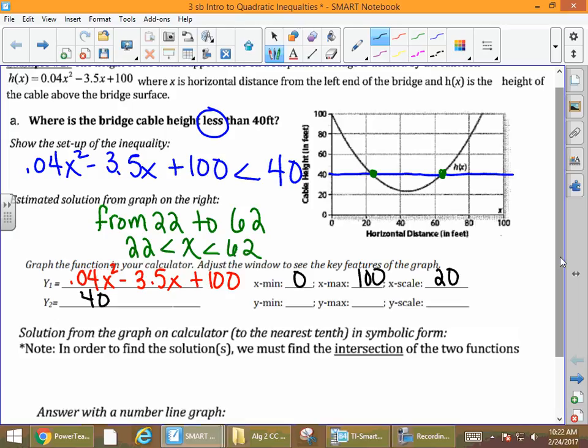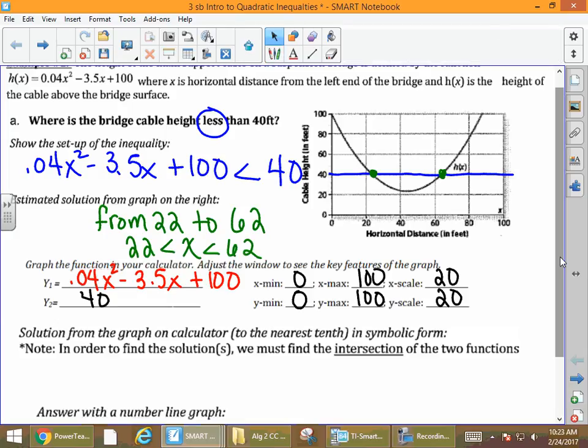Those are the x-axis values. Well, if we glance at the y values on our y-axis here, again, we still start with 0. The highest y value that we see in our picture is 100. And just like the x-axis, 0, 20, 40, 60, 80, 100, our scale is 20 in this particular picture.